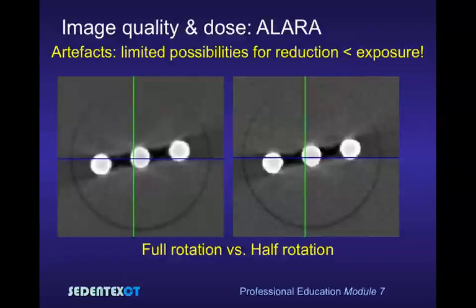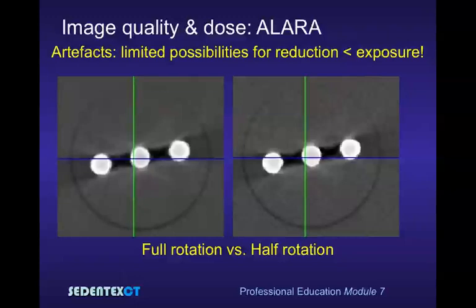The images you see here were produced on the phantom that I've described before, made of plastic, into which is inserted metallic test objects. This allows us to look at the effects of changing the exposure factors on the artifacts. In this case, the image on the left is a full rotation image, and the image on the right is a half rotation image. In other words, taken with half the exposure factors.